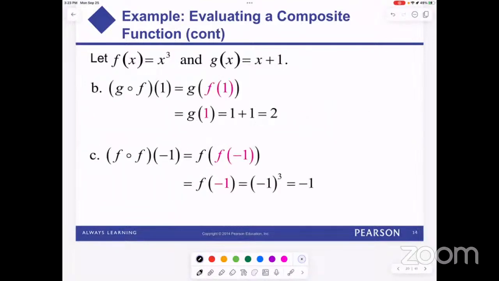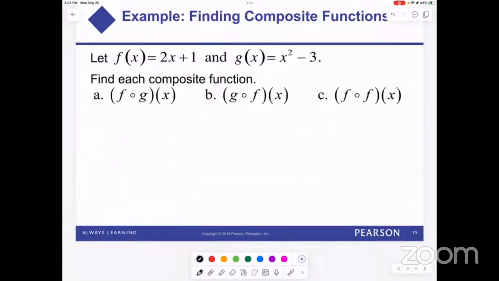Right? So given this f and this g, find each composite function. I'm going to leave this one as an exercise for you, and I want to work on the next one.